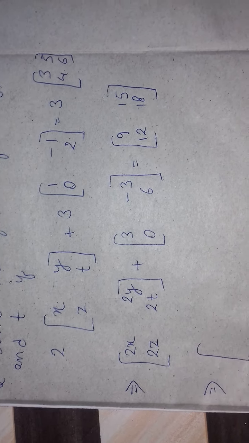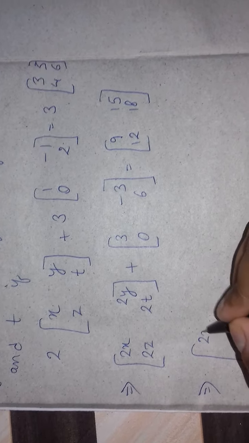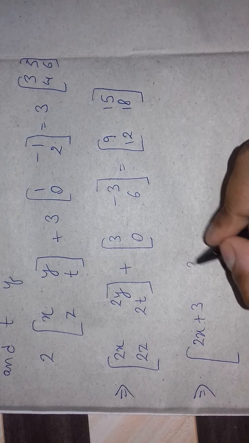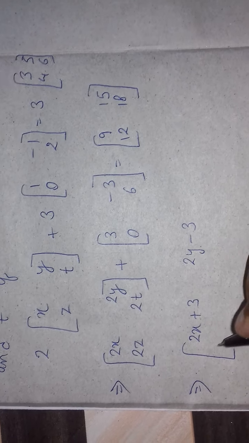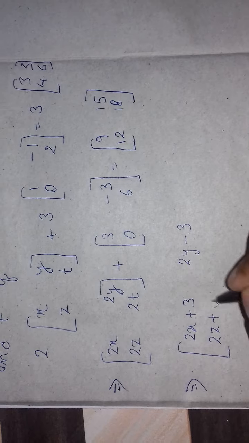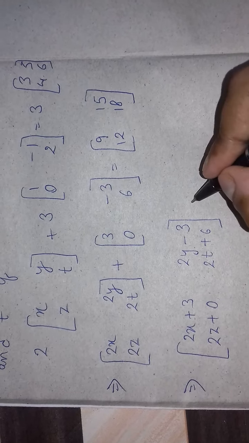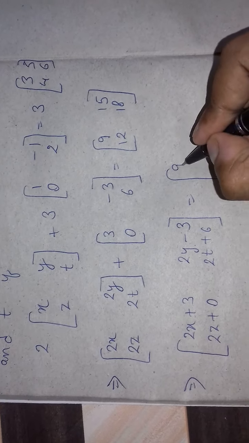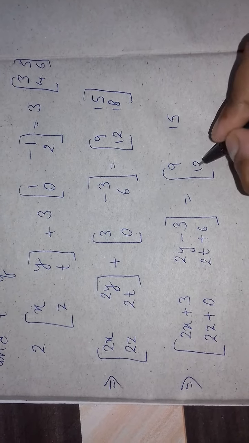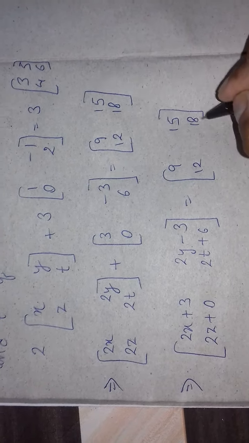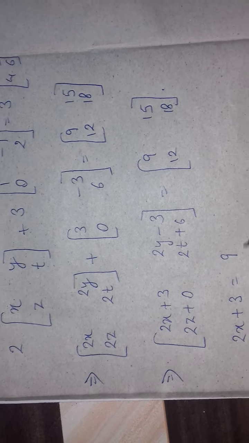Now we have to add these two matrices, then it will be [2x plus 3, 2y minus 3; 2z plus 0, 2t plus 6] is equal to [9 15; 12 18]. Now we will equate the two matrices as 2x plus 3 is equal to 9.